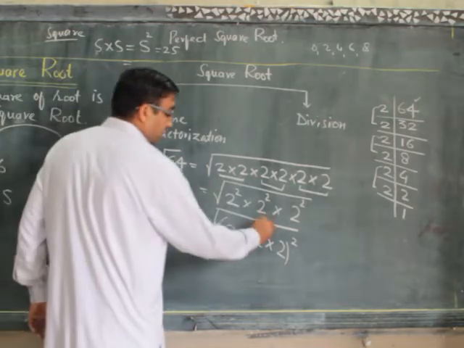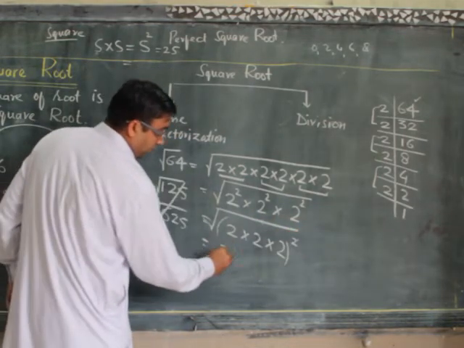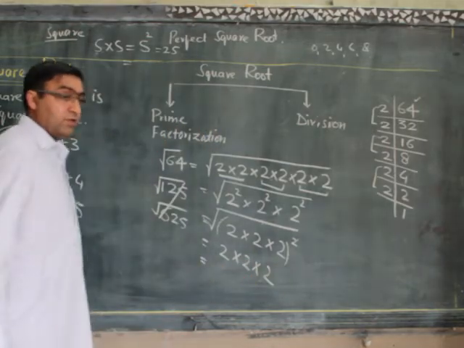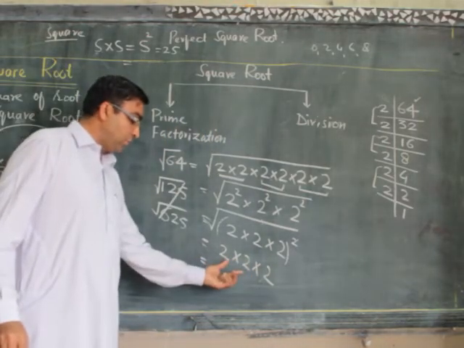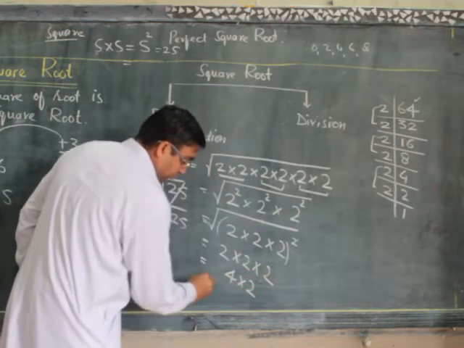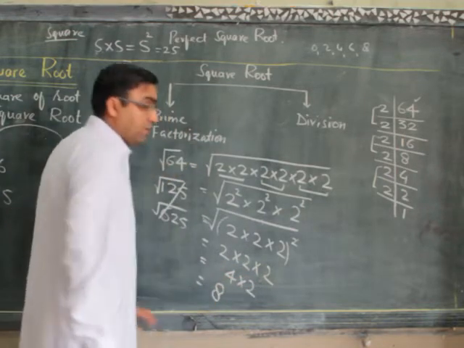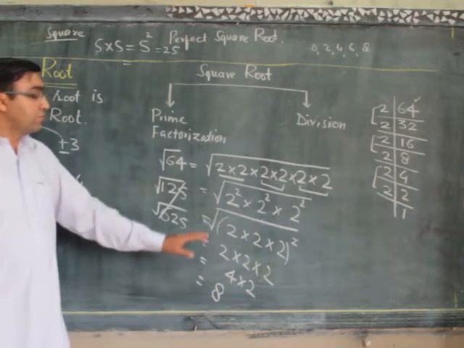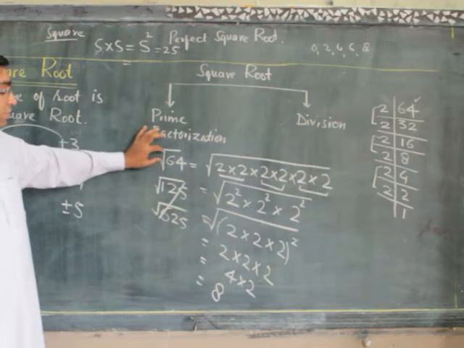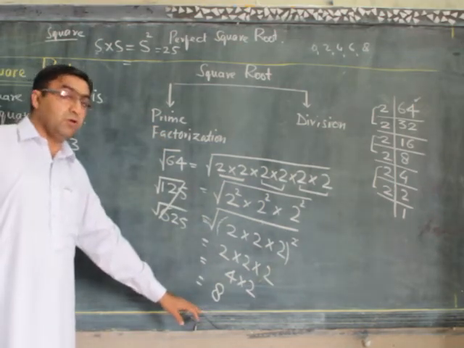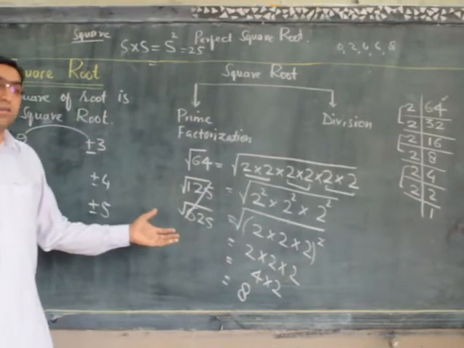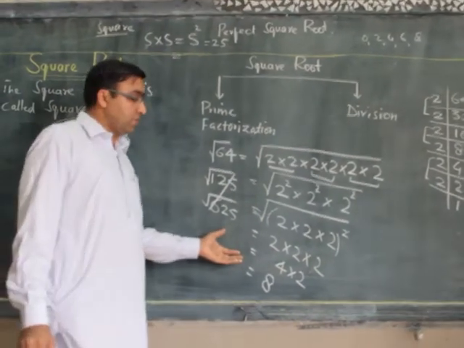So cancel square and square root to each other. Our result is 2 into 2 into 2. So multiply these, 2 into 2 is 4, and into 2 is 8. It means 8 is the square root of 64. Whenever we take square root of 64, that is equal to 8. It is the method to find the square root of any given number by prime factorization.